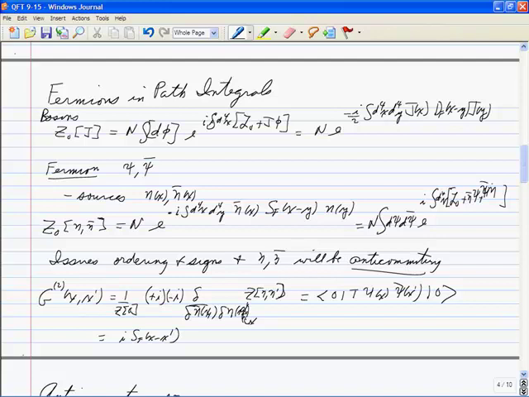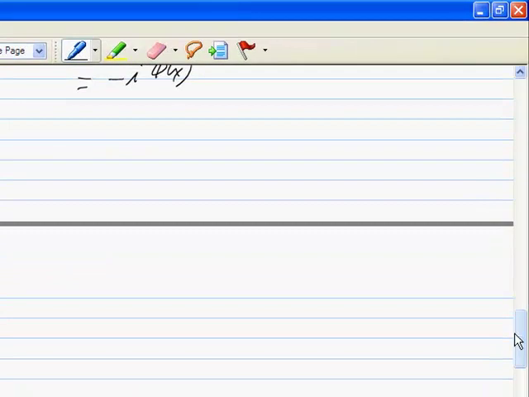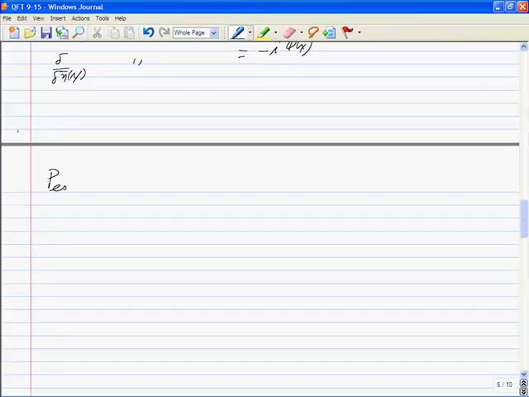If you then have this form, you can develop perturbation theory the same old way. Actually, let's write that out just so that you see it. Perturbation theory.